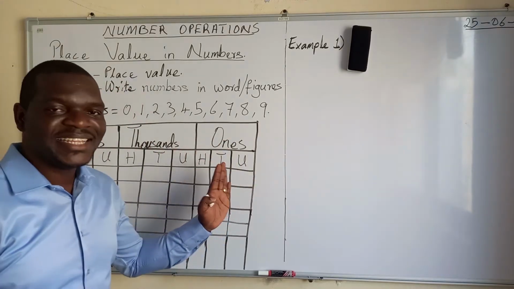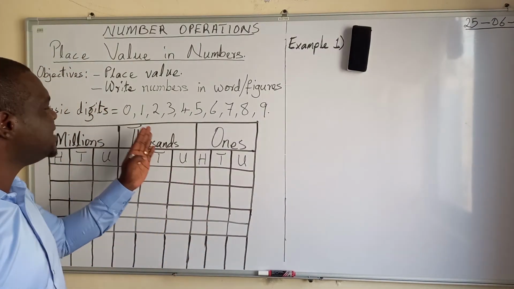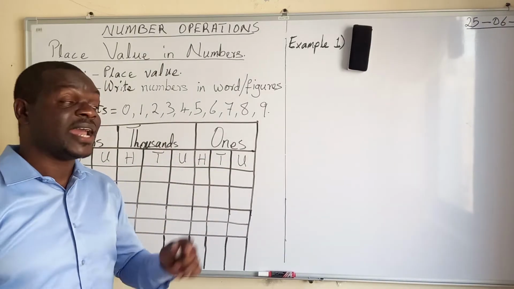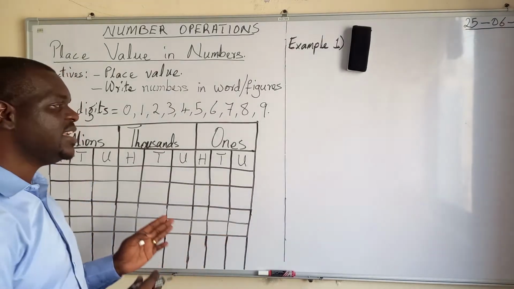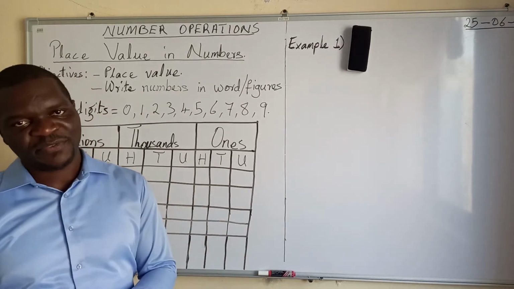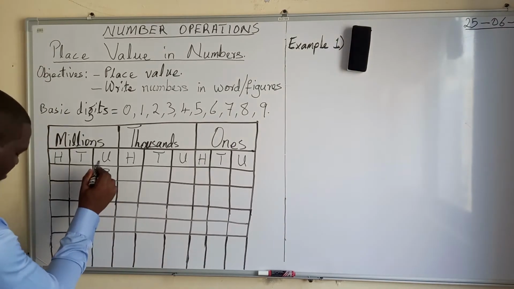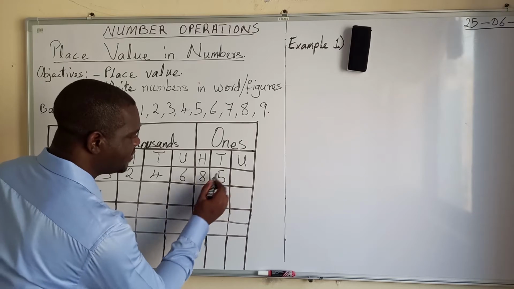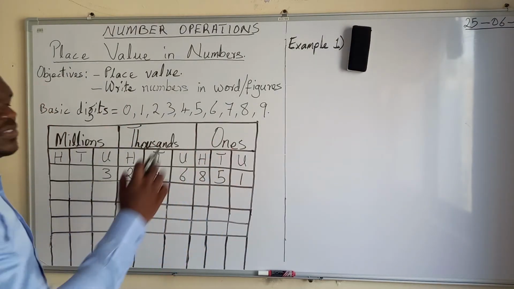By understanding these basics, it's going to help us to identify the place value of each digit in a number, and equally to write a number, whatever the number is, in words or in figures. Let's look at this number. If I write a number as 3,246,851, let us identify the place value of each of these numbers.